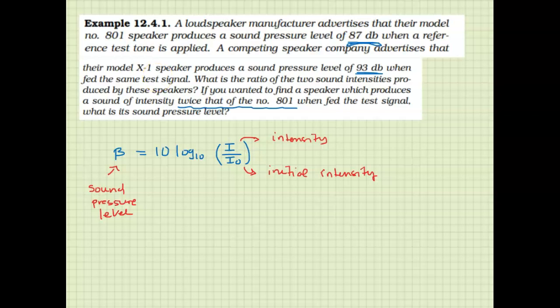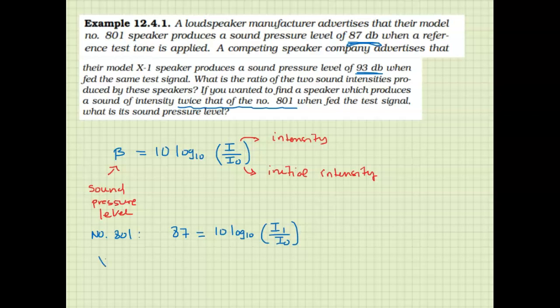Okay, so let's say we have these two speakers. So we have the number 801 speaker, and we're told that 87 decibels is going to be 10 log base 10 of I1 over I0, so kind of the intensity of that first speaker compared to the initial intensity.